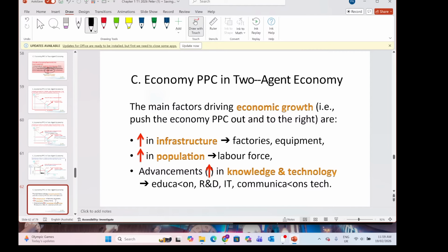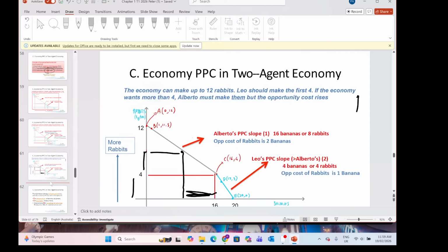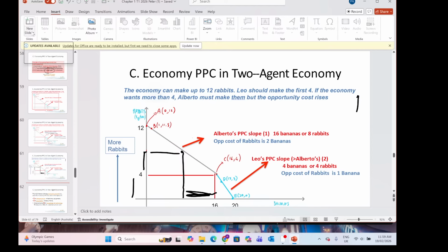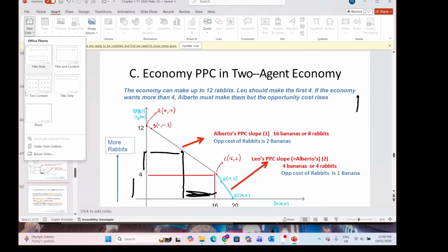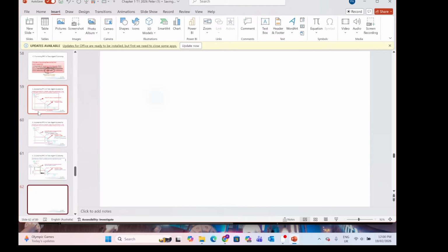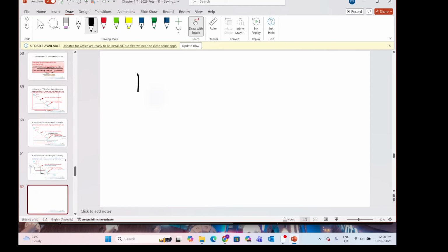So we're just going to take a little turn for a minute, and I just want to talk to you about what we did the other day. I'm going to insert my slide here now. The other day I spoke to you about the production possibility curve. So let's quickly draw a production possibility curve.